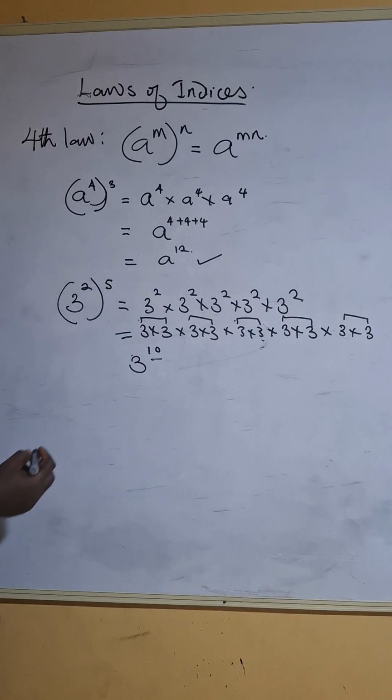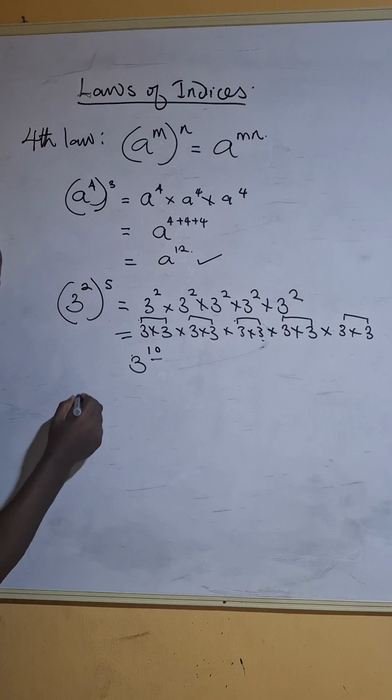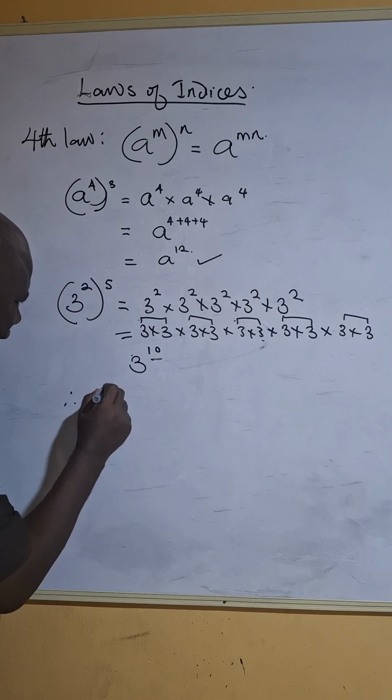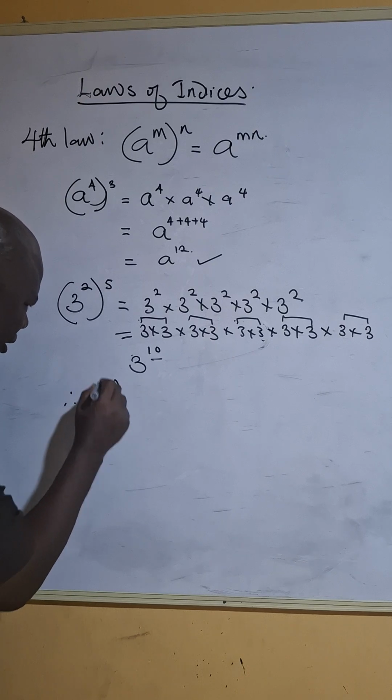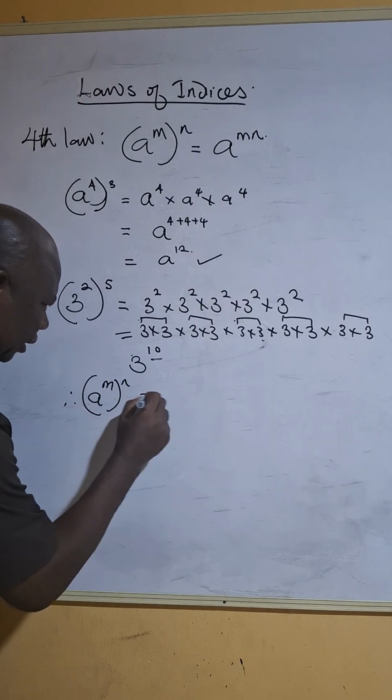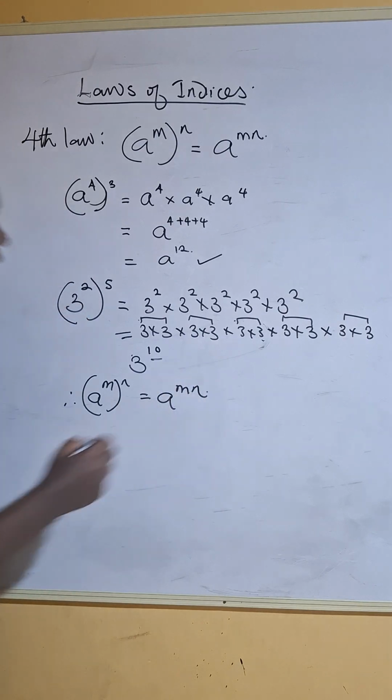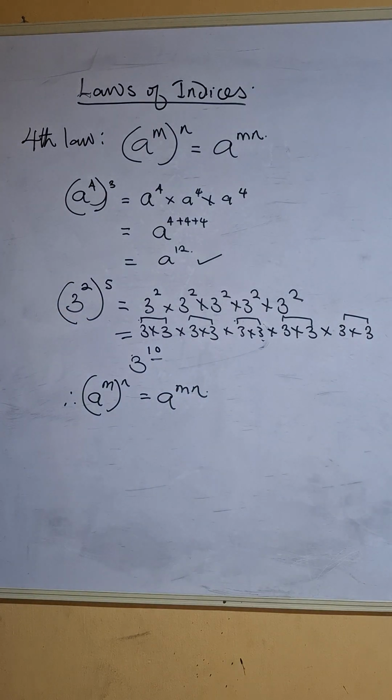So generally you can conclude that therefore a raised to power m, into n, is the same thing as a raised to power mn. That is the fourth law of indices.